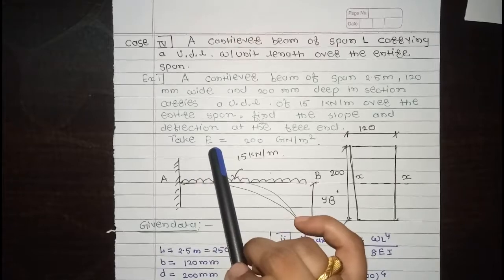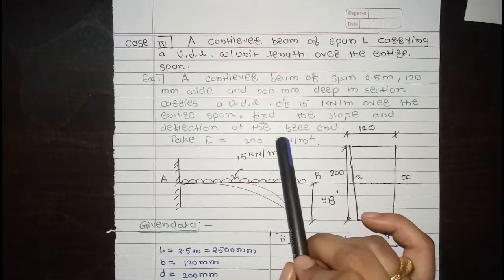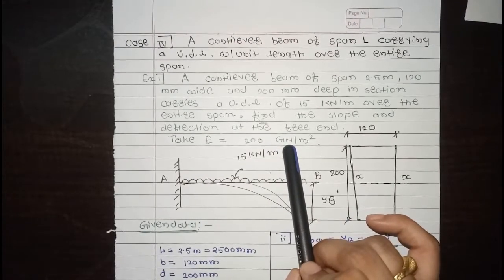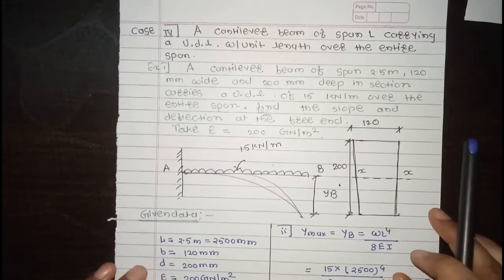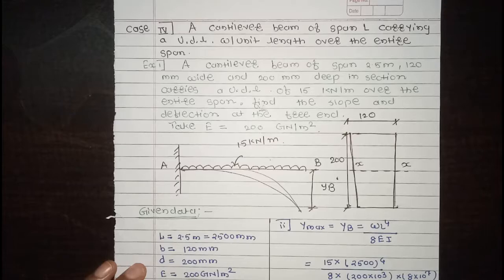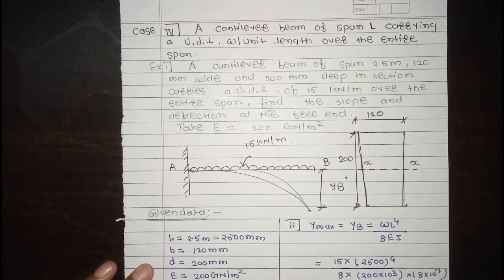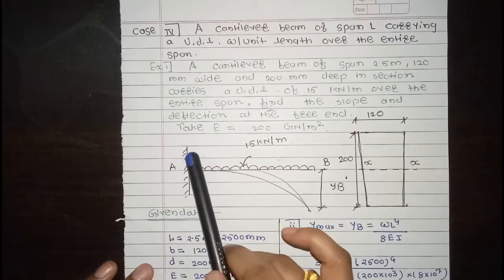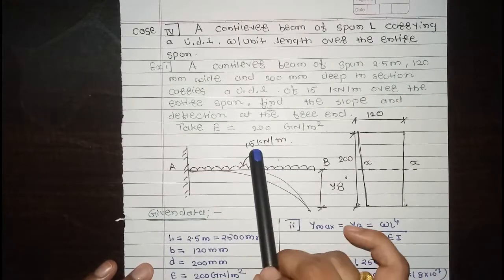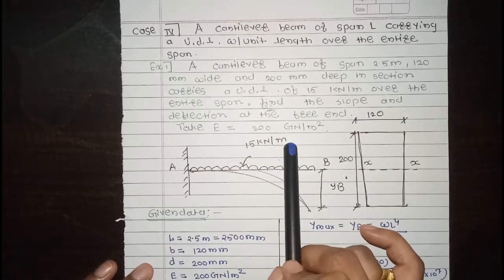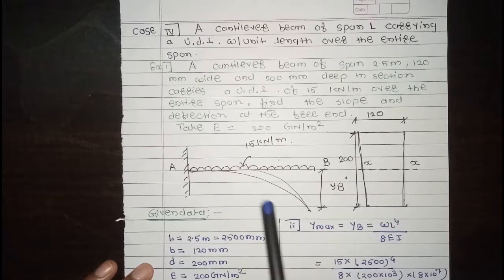Take the value of capital E as 200 giganewton per meter square. First of all, draw the diagram. So cantilever beam, one end fixed, other end free, with UDL 15 kN per meter.